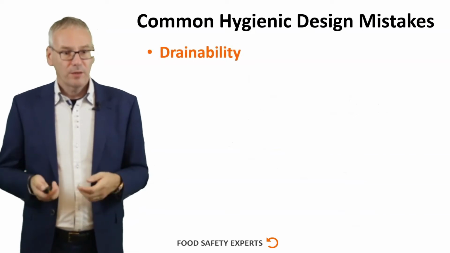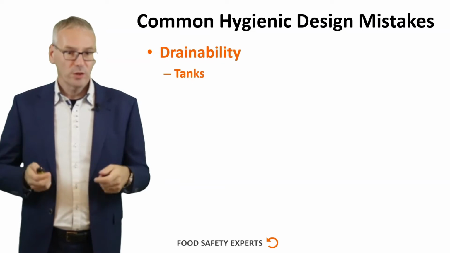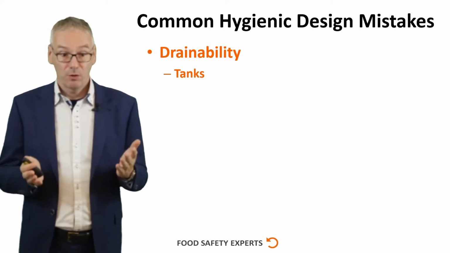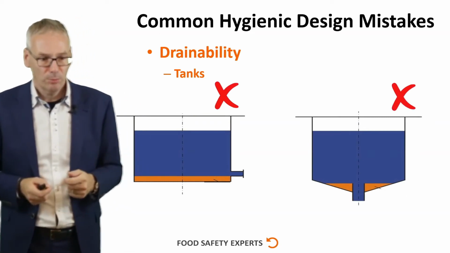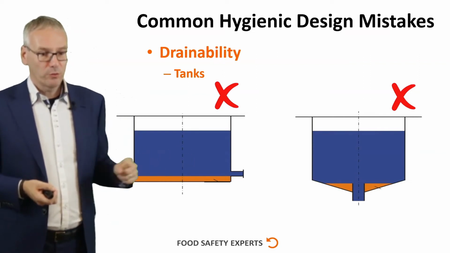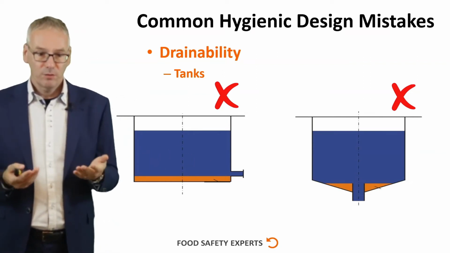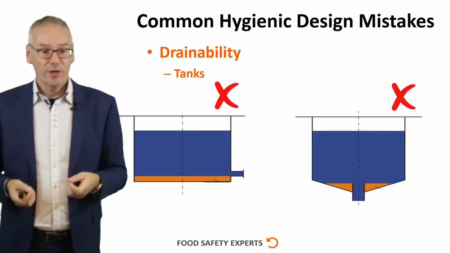Another area in terms of drainability are tanks. Unfortunately, we still see a lot of tanks that are not of a proper hygienic design. And here are two examples. In the left tank, you see that the outlet is not at the bottom, and hence the red or amber part of the tank doesn't get drained.